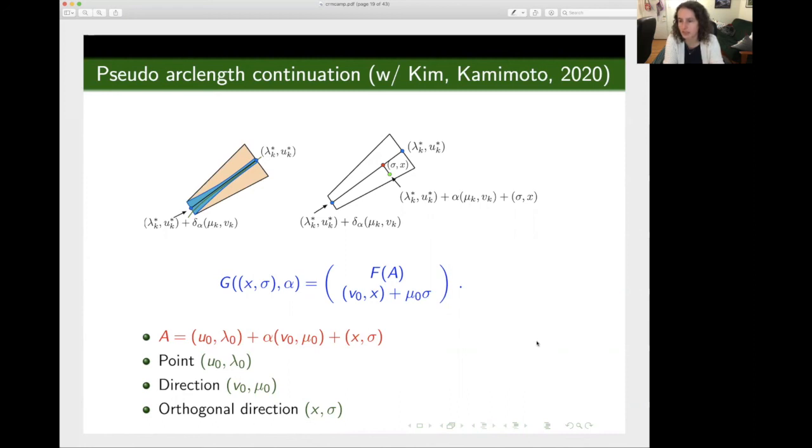And that's not actually the state of the art of numerical continuation. So we developed a new method, which is the validated pseudo arc length continuation method.